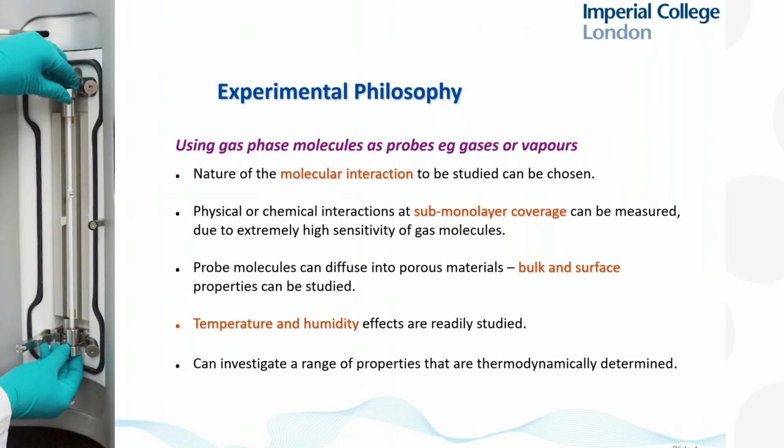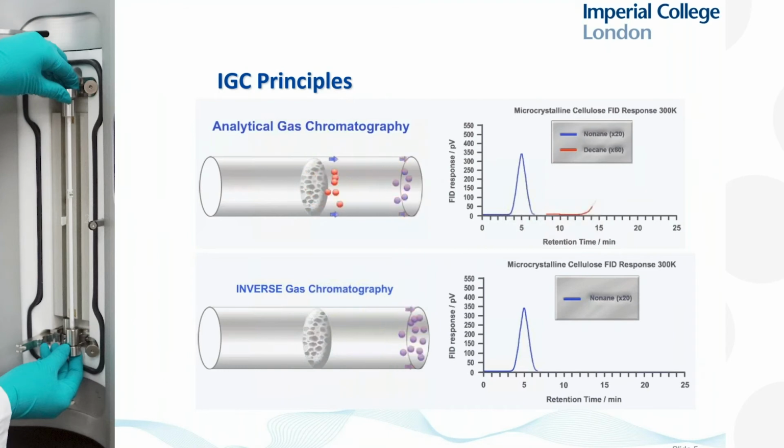Firstly, it would be useful for me just to remind you a little bit around analytical gas chromatography compared to inverse gas chromatography, which is the technique that we're interested in. We have a little animation here, which shows you the difference between analytical gas chromatography, shown in the drawing at the top, and inverse gas chromatography, the technique we're going to describe today.